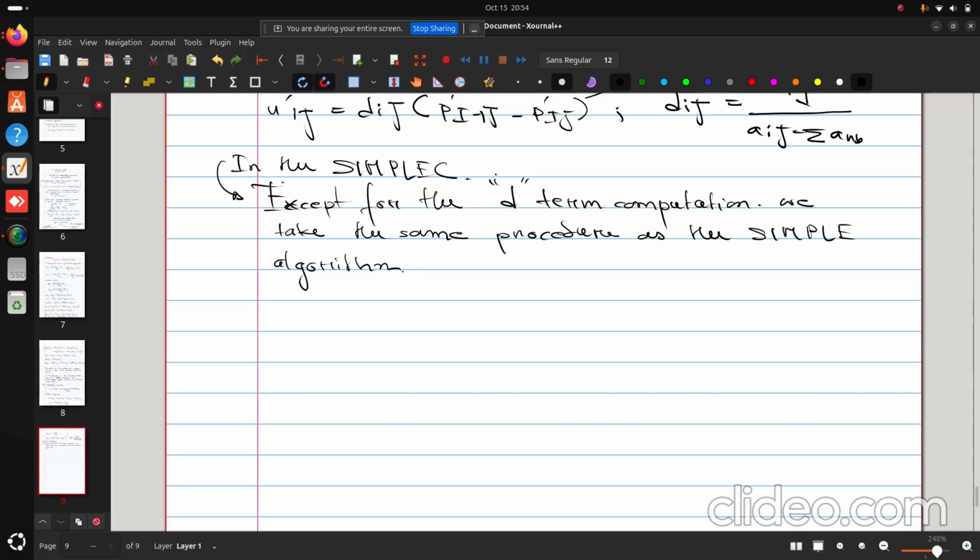This is sort of a non-iterative computation for unsteady compressible flows. So this was first developed for this regard. So it's called the PISO algorithm.